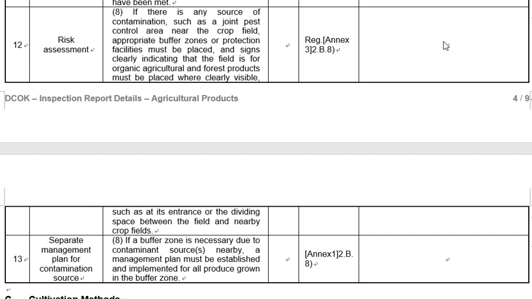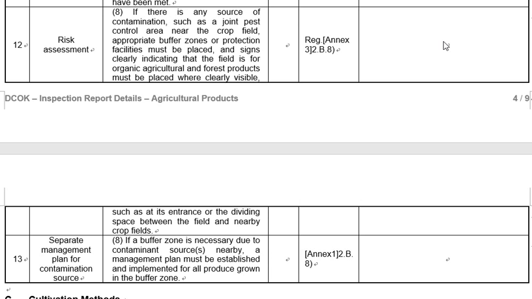Like a sprayer: if the organic producer sprays the crop but doesn't have a sprayer, sometimes he uses an air sprayer operated by a subcontractor. In this case, a certified operator must make sure that the equipment has been cleaned before using it on his field.